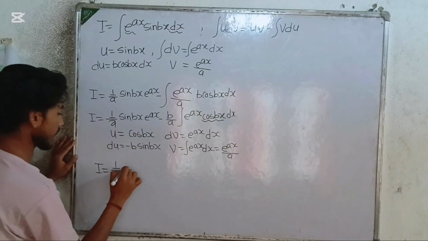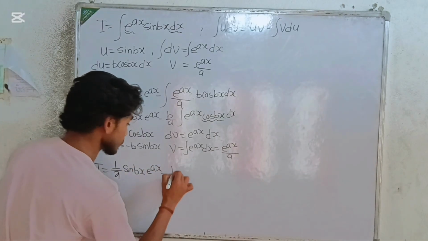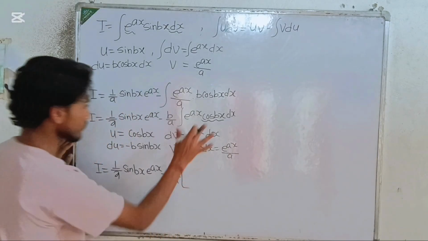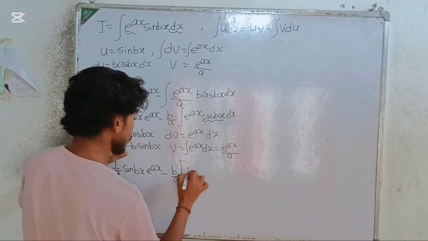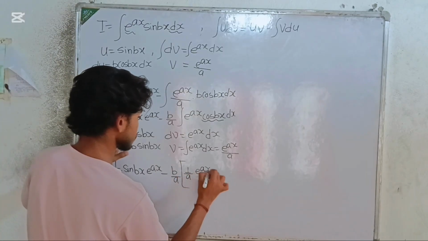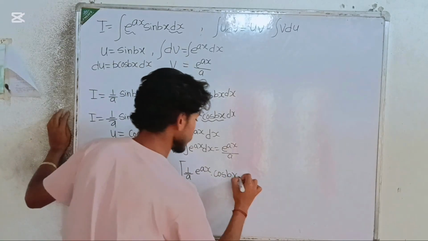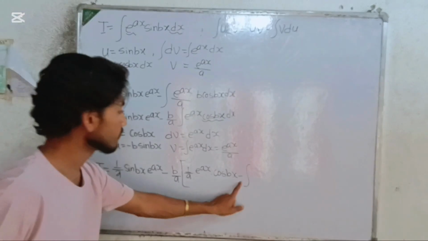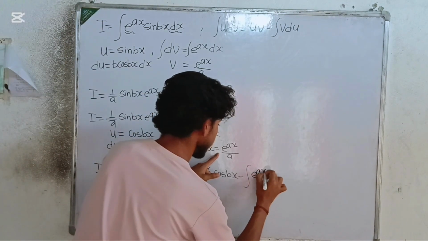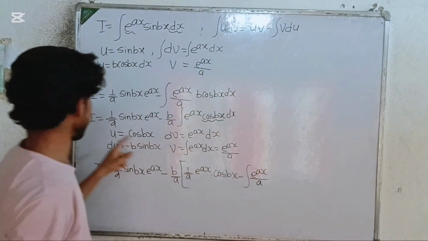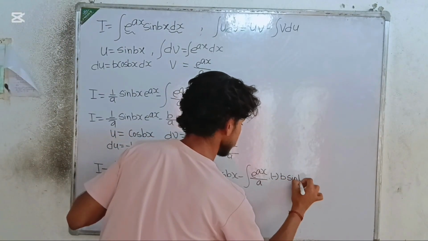So I get 1 over a sine of bx e to the ax, minus b over a times the product uv, which is 1 over a e to the ax times cosine of bx, minus the integral of v, which is e to the ax over a, times du, which is minus b sine of bx.